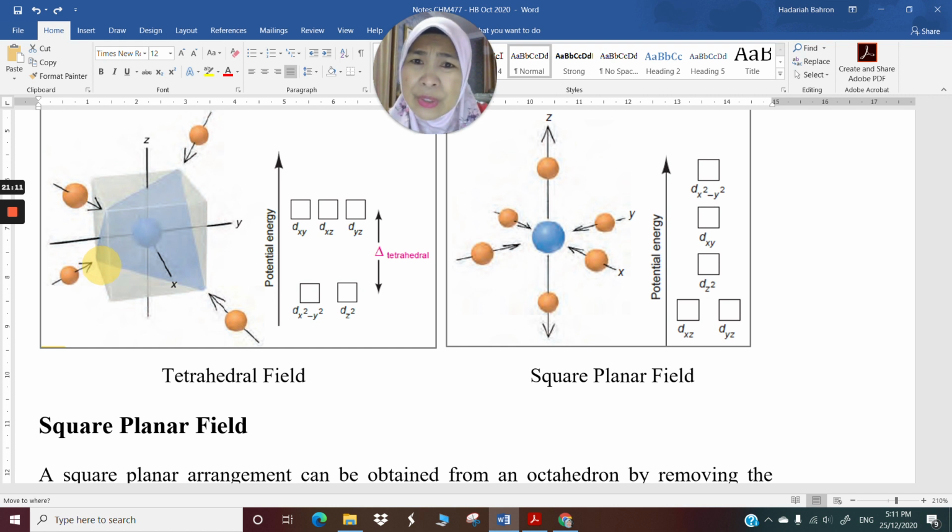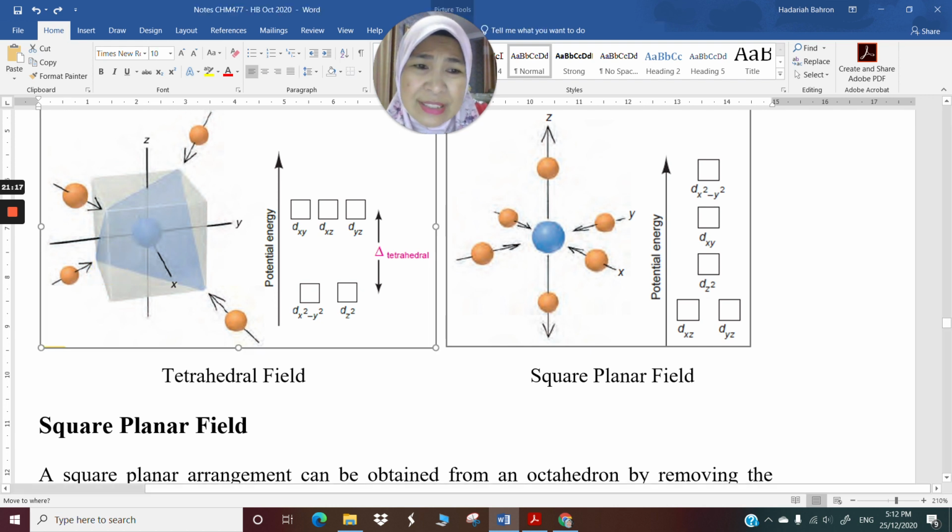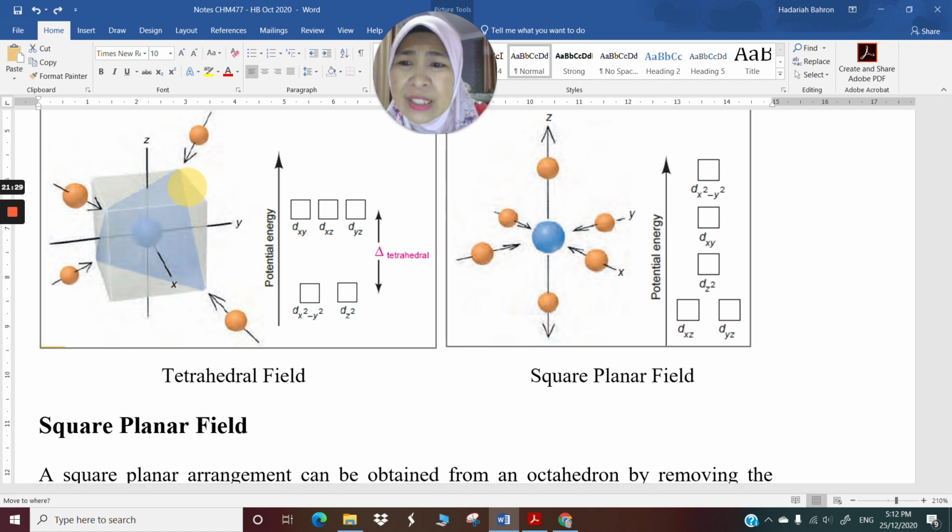So guess who is affected the most now? Eg or T2g? Obviously, the T2g will be affected the most, because the T2g, which are the dxy, dyz, and dxz, have lobes pointing between the axes, and that is where the tetrahedral ligands are sitting.